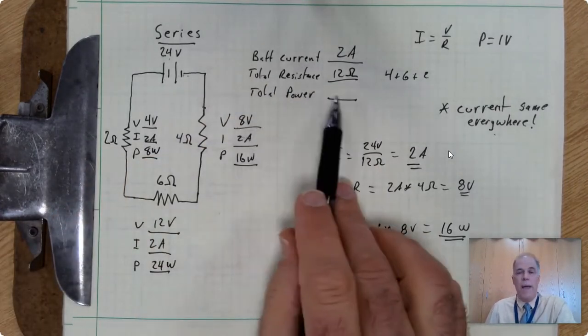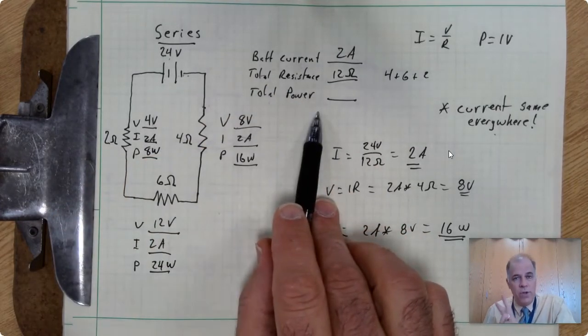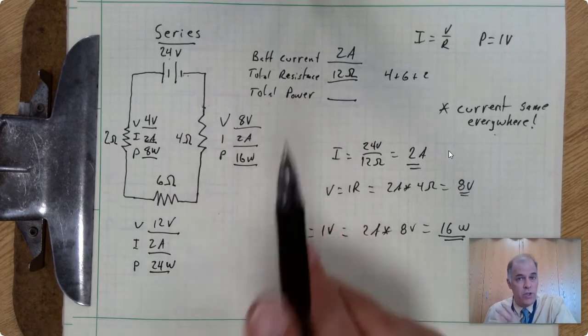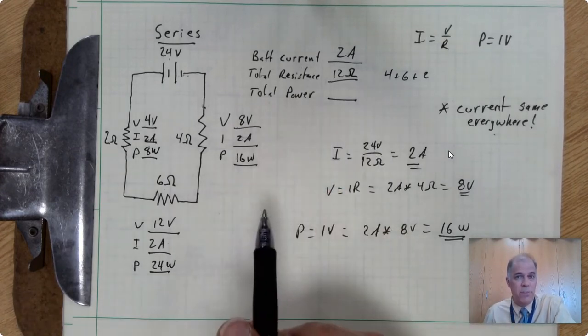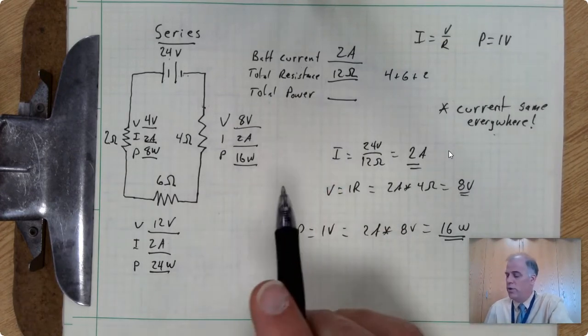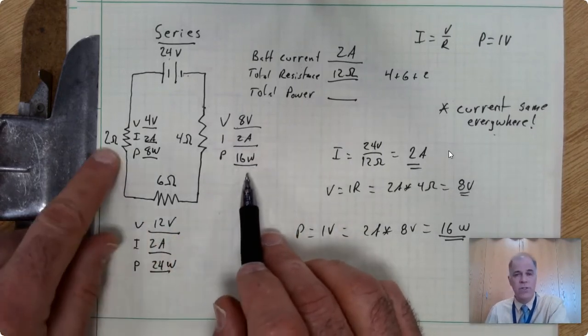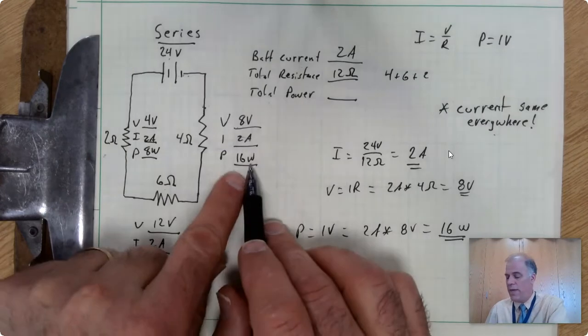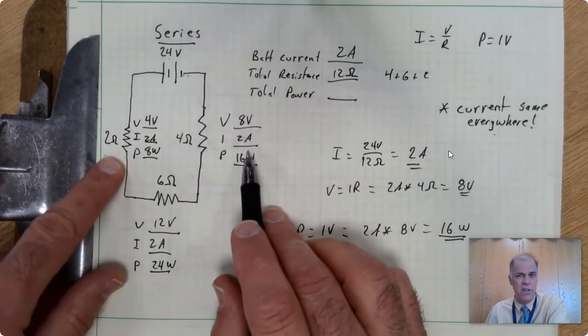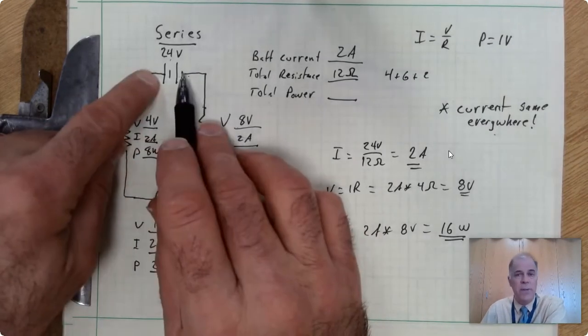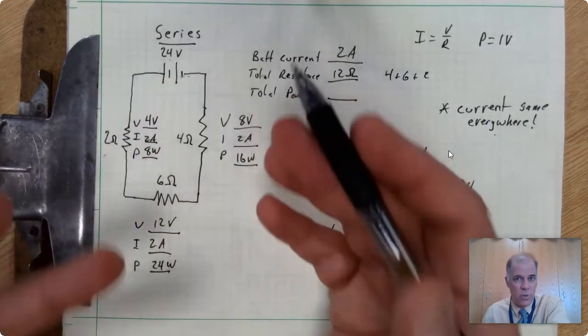And so for the total power, we actually now have 2 ways to solve this, and we should do both of them, again, to give ourselves a backup that we've done it right. So one way to do it is just to add up the power that is coming out of the resistors, because the power that comes out, or the energy that comes out of each of these resistors, has to have been coming from the battery, because that's our source of energy.